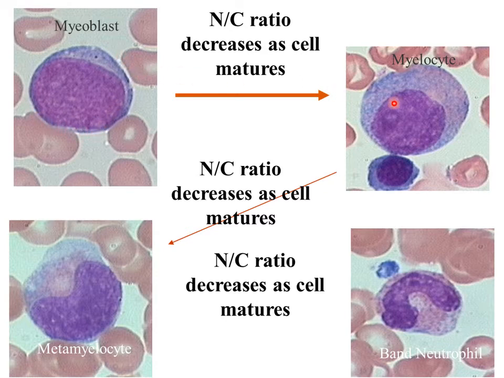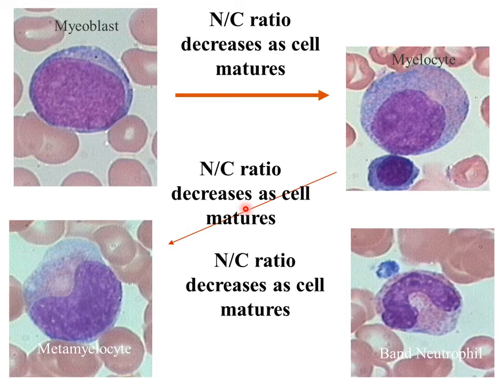And as it matures, lumiliit yung nucleus, dumadami yung area of cytoplasm. Mas marami na yung area dito ng cytoplasm and ayan, mas nag-shrink na ngayon dito yung ating nucleus. So, kung NC ratio ang pinag-uusapan, ang rule natin dyan is decreasing pattern.